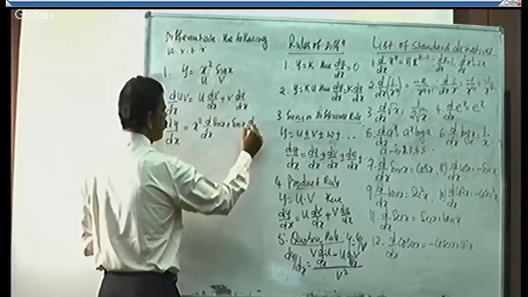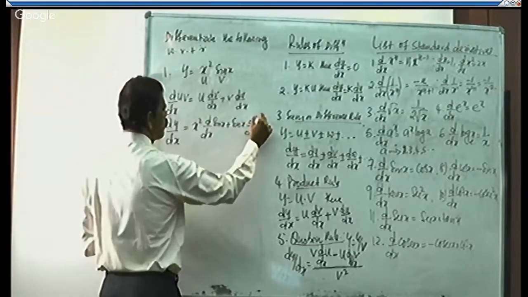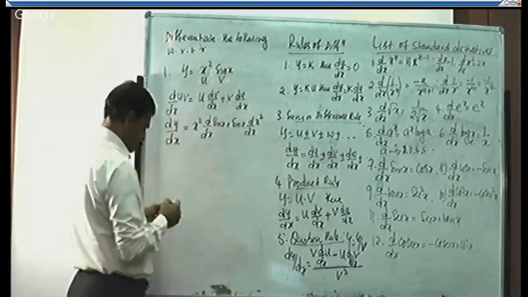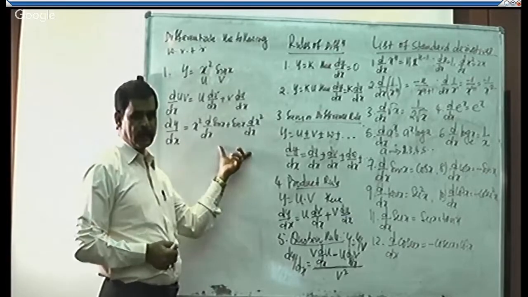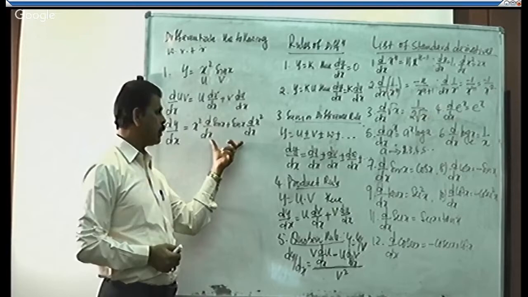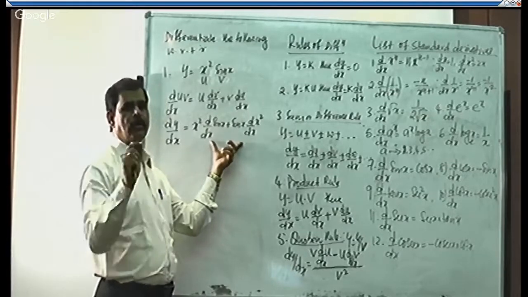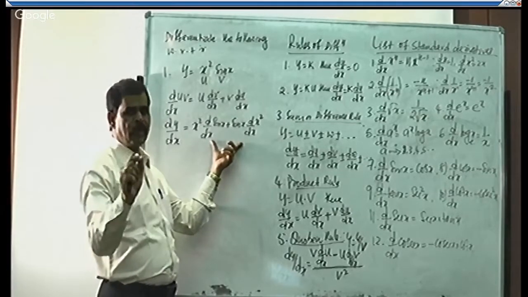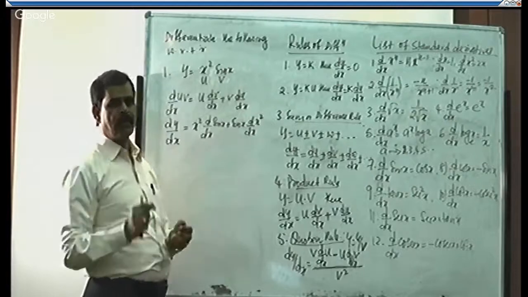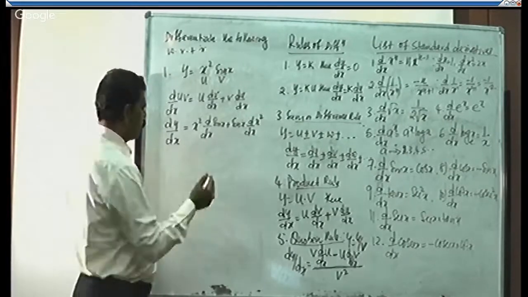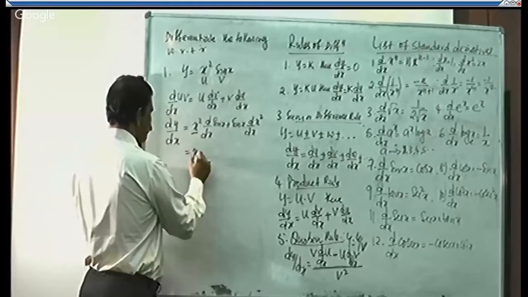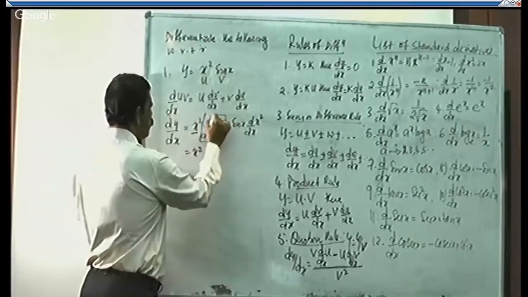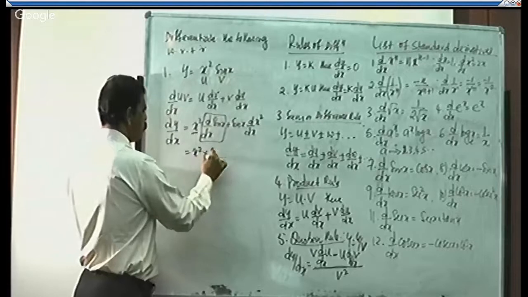Differentiate the first function x square. You need not differentiate every term here. So we have applied according to the product rule. Wherever we have d by dx, only that term we have to differentiate. Here we have the dy by dx term, differentiate.